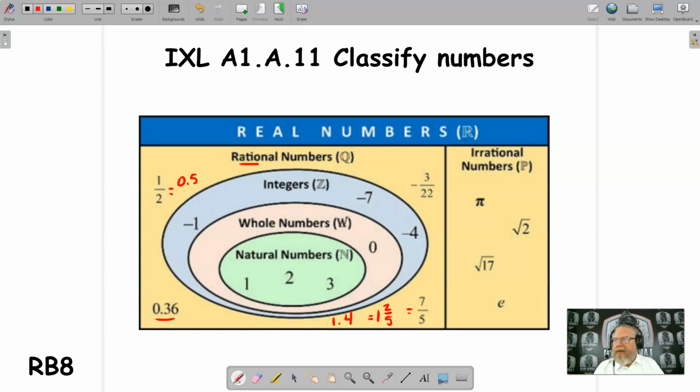The thing about rational numbers is they're decimal numbers, but so are irrational numbers. Those are decimal numbers also. However, the difference between a rational number and an irrational number is that rational numbers have decimals that either terminate or repeat, such as 1/4. We write 1/4 as 0.25, and it would just stop there.